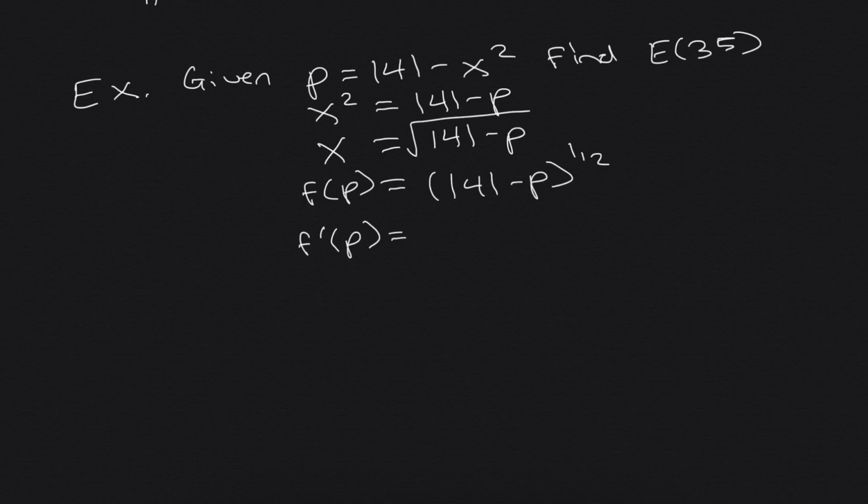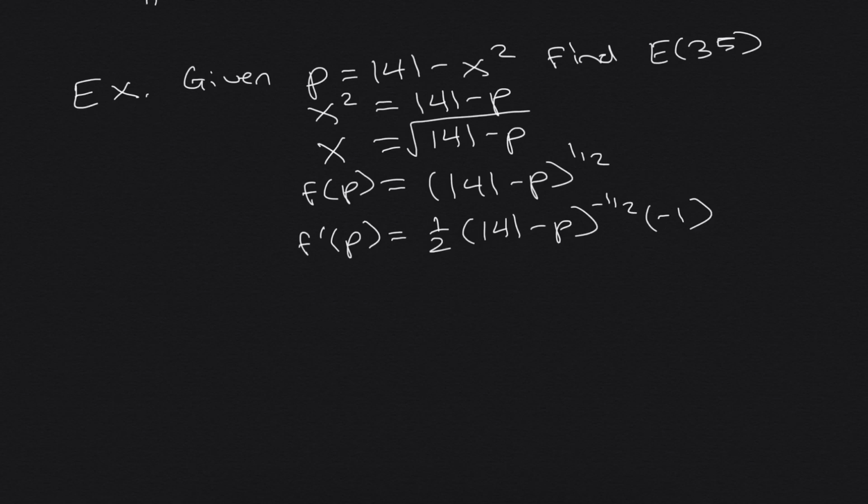It looks like just a basic power rule now. We can bring down the 1/2, keep the inside the same, subtract 1 from the power. 1/2 minus 1 is negative 1/2. And then don't forget to do chain rule on a problem like this. The derivative of 141 is 0. I won't write it. The derivative of negative P is negative 1. I will go ahead and write that.